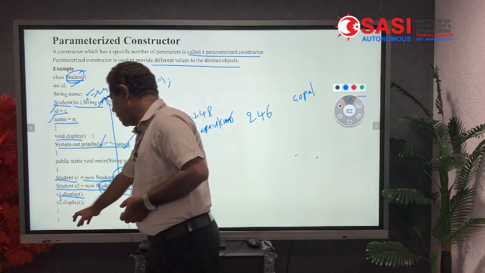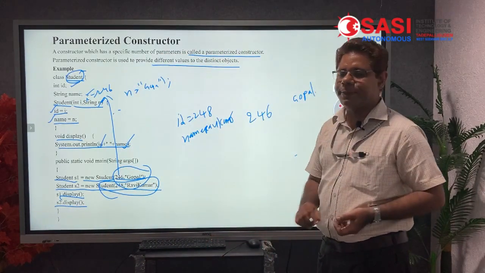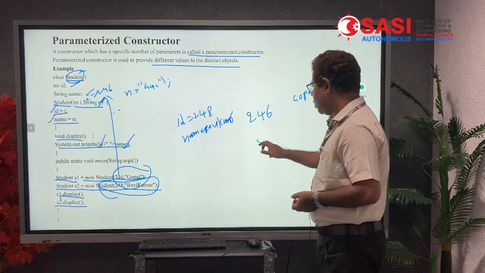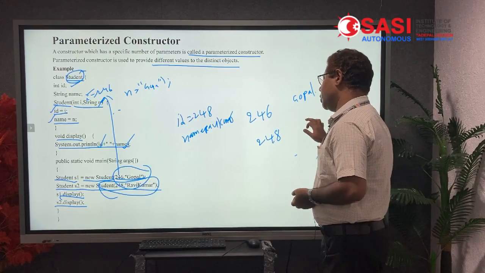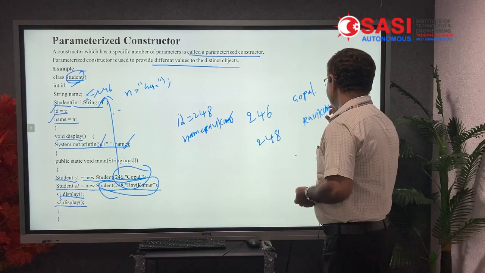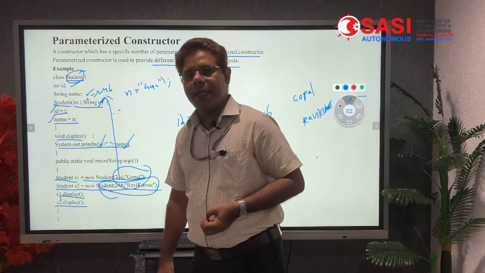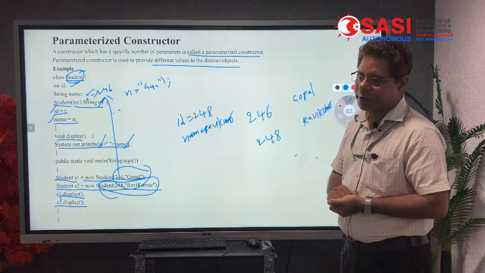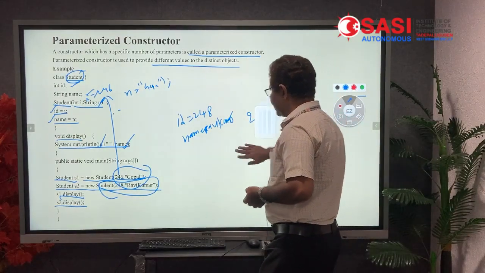Now we print these values using s2.display. When we call the display method, it prints 248, space, name of the student is Ravi Kumar. So using constructors, we can automatically assign values to objects. These are the concepts of constructors.